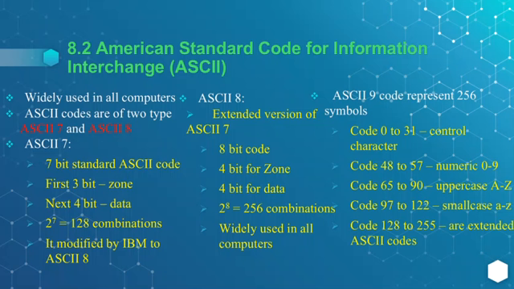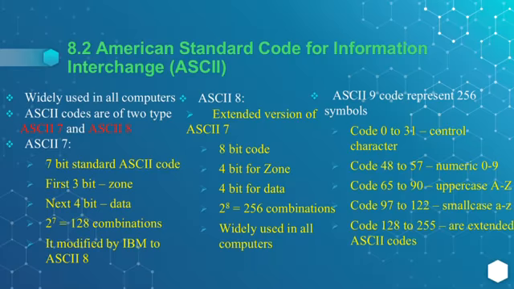Here we use an 8-bit code, with 4 bits for zone and 4 bits for data. So here you will have 256 combinations. This is widely used in all computers. From symbol 0 to 31 are used for control characters, 48 to 57 for numerics, and 65 to 90 and 97 to 122 for uppercase and lowercase letters. The remaining codes are used for extended ASCII code values, which are used by special computers.